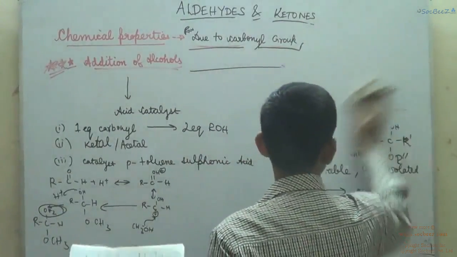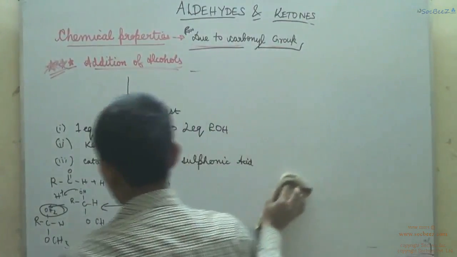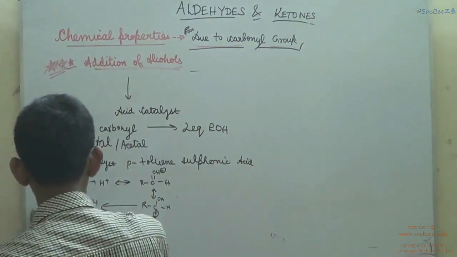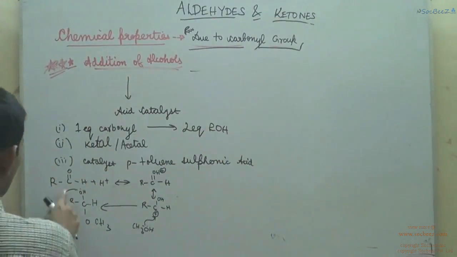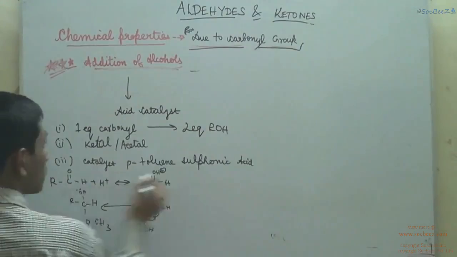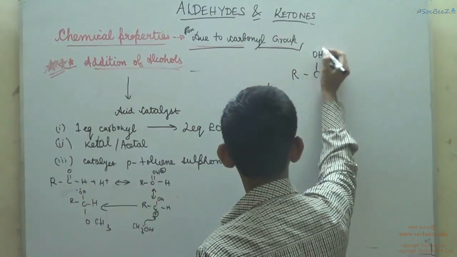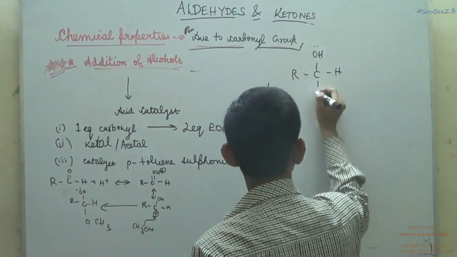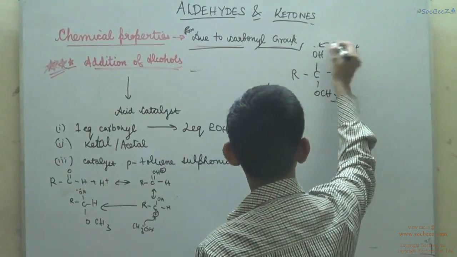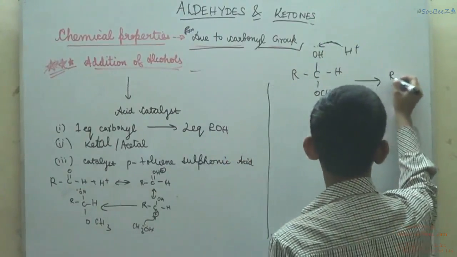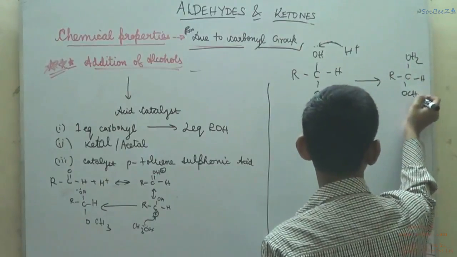I'm continuing it here. From this step, we have RCOH and OCH3 here picks a proton from the acidic solution, so you get RCOH twice H OCH3.